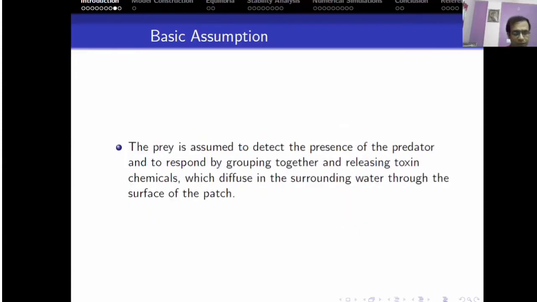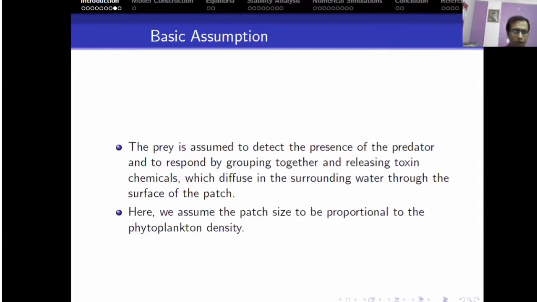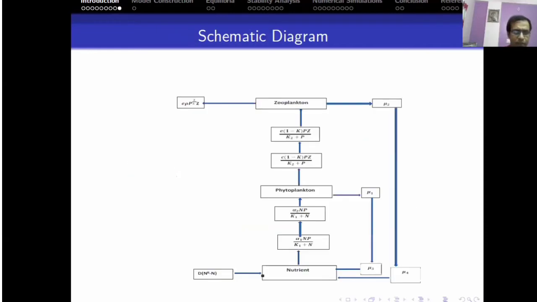The prey is assumed to detect the presence of the predator and to respond by grouping together and releasing toxin chemicals, which diffuse in the surrounding water through the surface of the patch. Here we also assume the patch size to be proportional to the phytoplankton density.